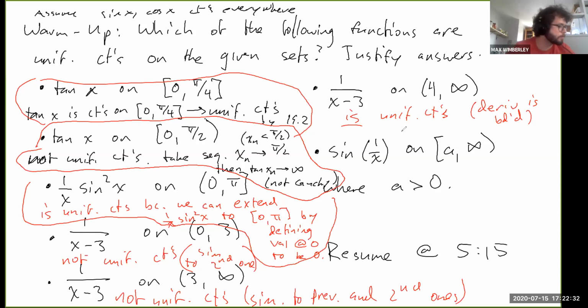Actually, I think that's probably the only really concise way of arguing that it is. Otherwise, you kind of have to do the whole epsilon delta thing. But it's not too hard, because it's a situation where you can get some easy upper bound on the absolute value of f of x minus the absolute value of f of y by considering the behavior near x and y equal 4, basically.